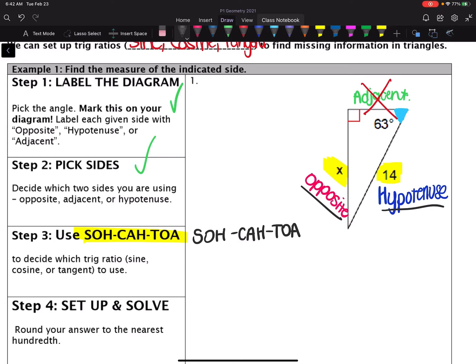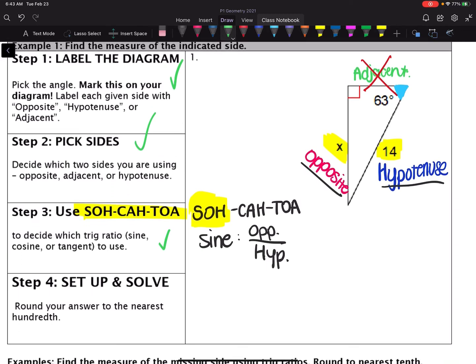If we're picking the opposite and hypotenuse for the sides that we're going to use to solve, we know that sine is going to be the best option here because my sine function uses opposite over hypotenuse. So we are going to want to use our sine ratio on this one. And then our last step, once we know which ratio we're using and what sides we're going to use, we want to set up our proportion and solve, rounding our answer to the nearest hundredth.